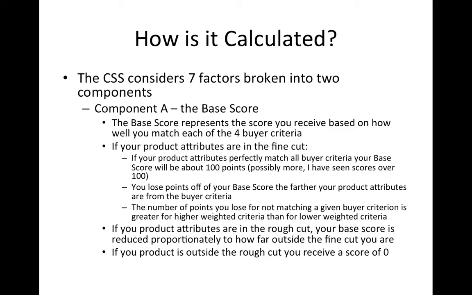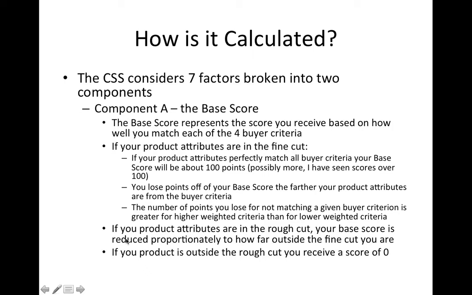But suffice it to say that inside of the 4 customer criteria, if you think in terms of being as close as possible to the best buyer criteria for the more highly weighted items, then you can do better on your score. Ideally, being closer on all of them would put you in the best possible situation.